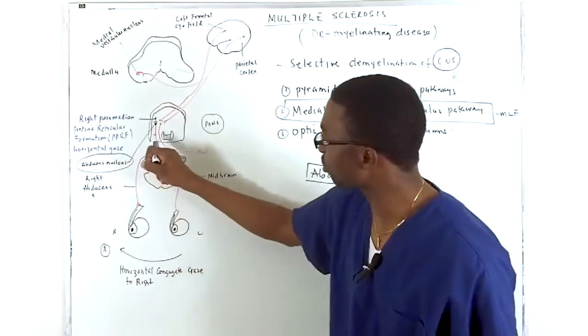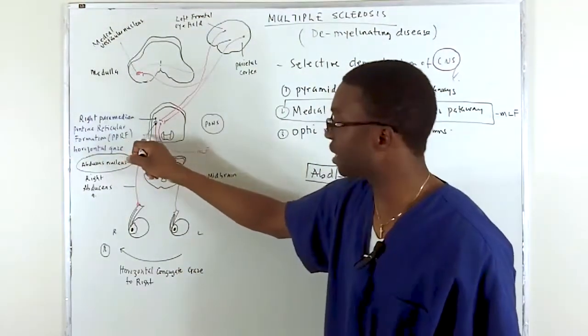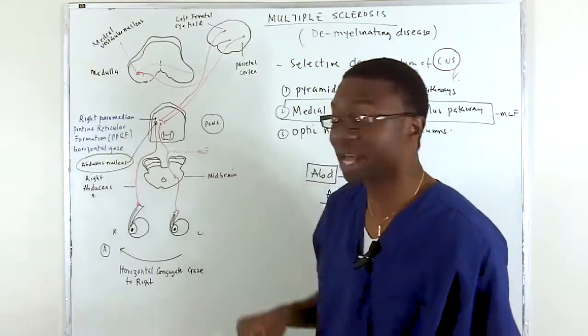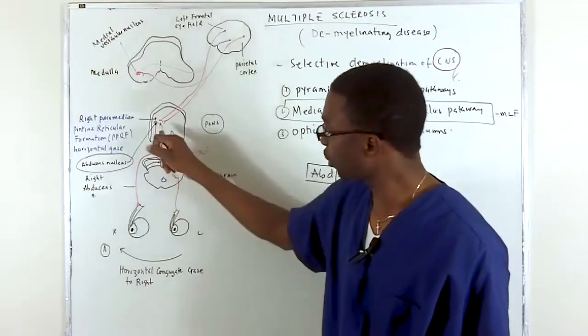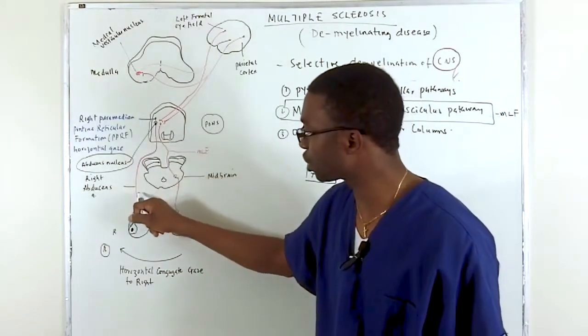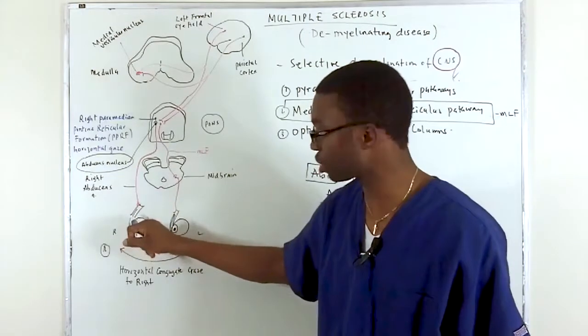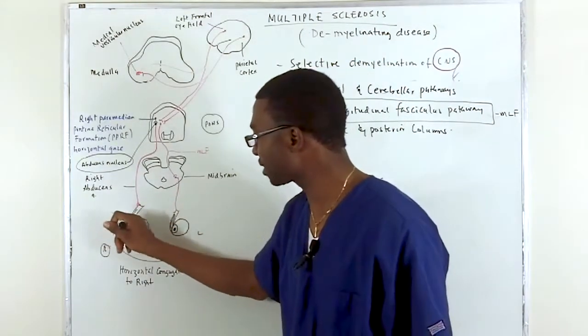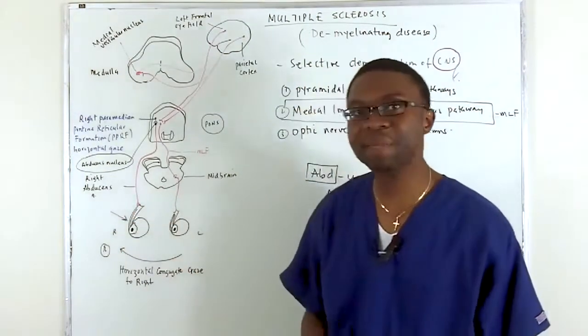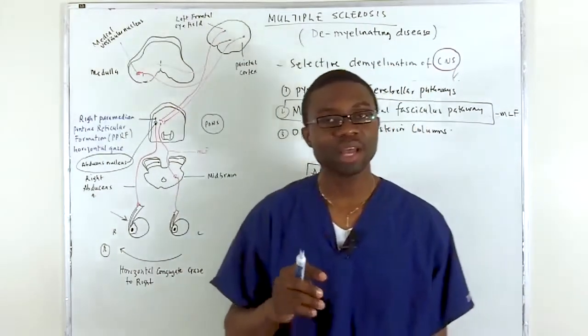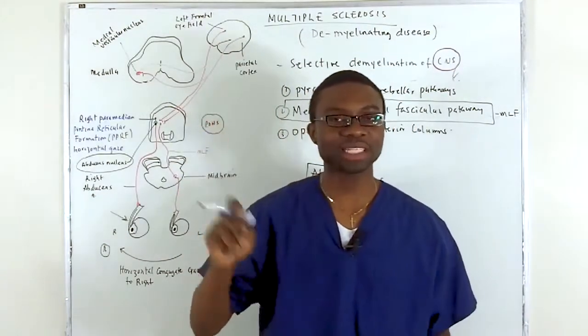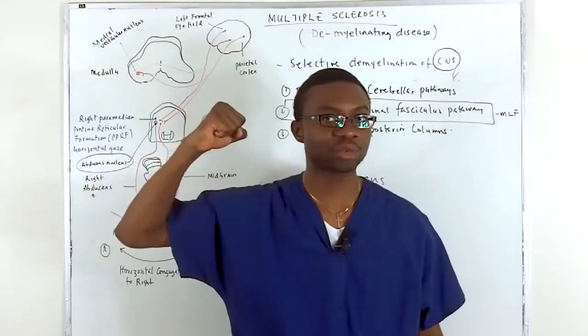So follow this pathway now. The PPRF is going to activate the neurons inside the abducens nucleus, which is now going to stimulate this abducens nerve, which is the right abducens nerve. And what muscle do you think is going to be activated to abduct? Well, think about it. If my eye has to move to this side, there's got to be a muscle pulling it this direction.